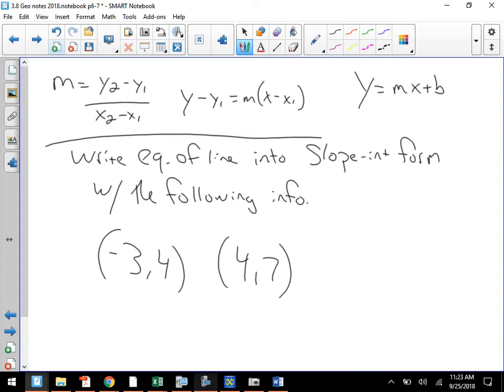What would you have to do first for one like this? Find the slope. Very good. When you're given just two ordered pairs, the only thing that you can do is find the slope.